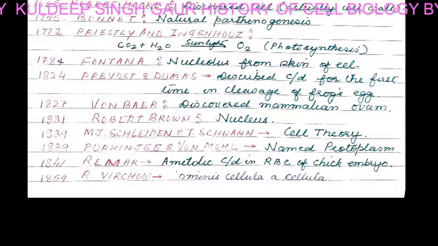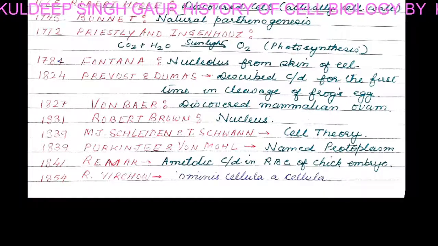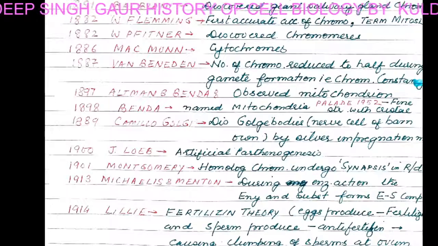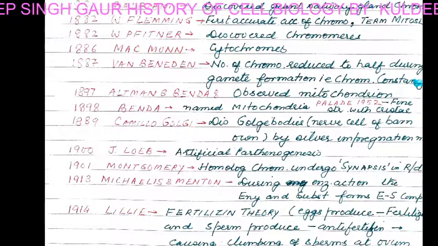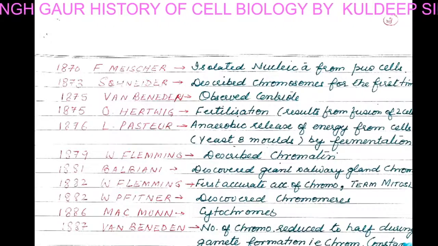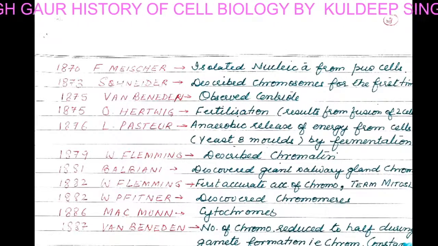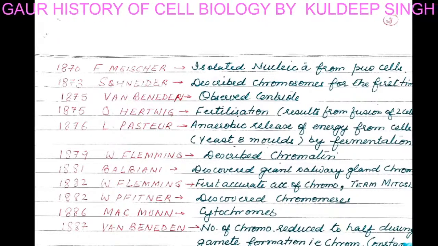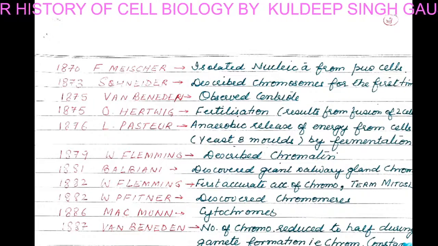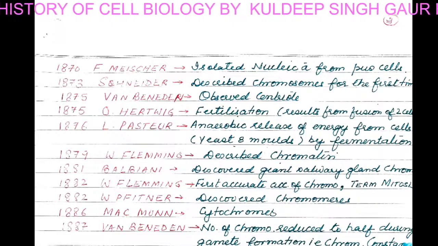Then in 1854, Rudolf Virchow completed the cell theory by stating that new cells arise from pre-existing cells. In 1870, Friedrich Miescher isolated for the first time nucleic acid from the pus cells.